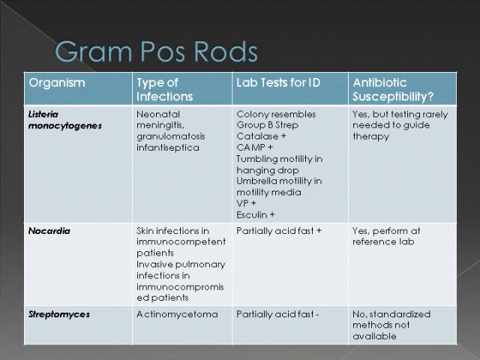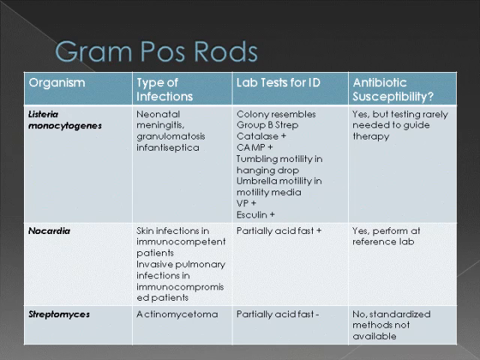Now, I say that it resembles group B strep because a lot of techs can mistake Listeria monocytogenes and group B strep, because Listeria looks like group B strep on a plate, and it is CAMP positive.